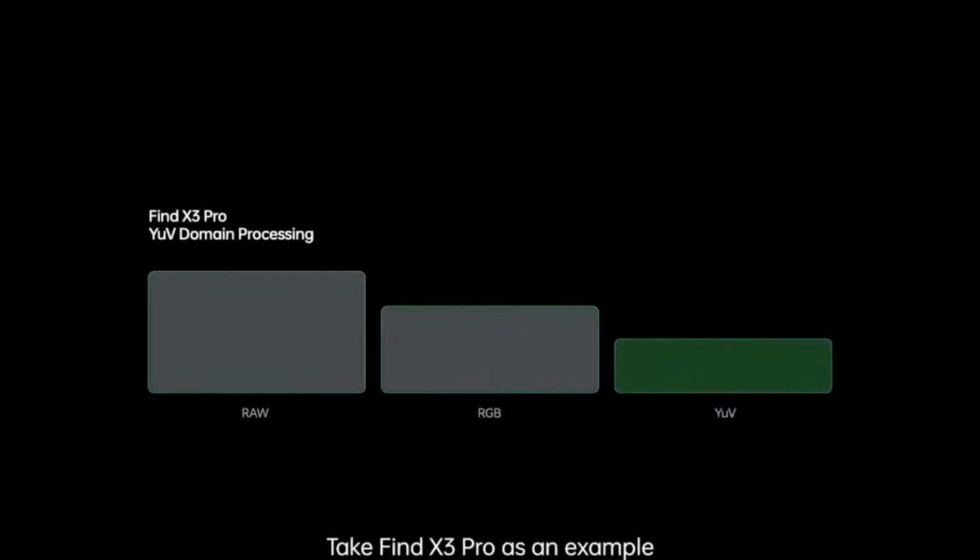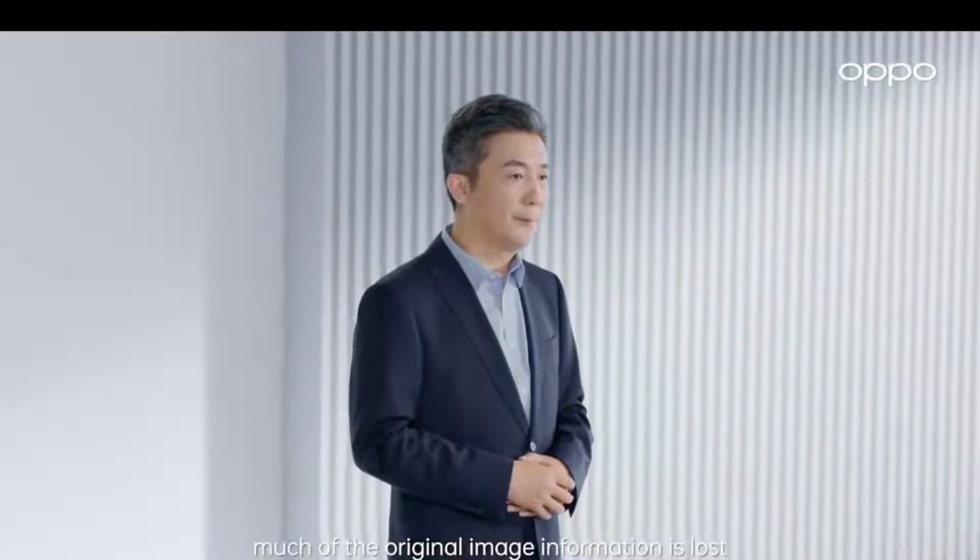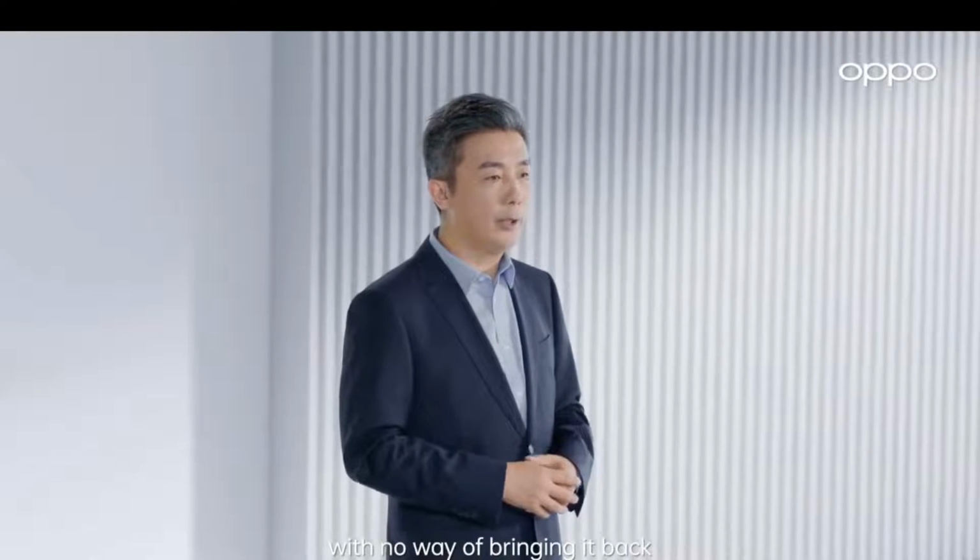Take Find X3 Pro as an example. The YUV domain processing can only execute basic AI algorithms and 18-bit HDR fusion. In the conversion from RAW to RGB, and then from RGB to YUV, much of the original image information is lost, with no way of bringing it back.